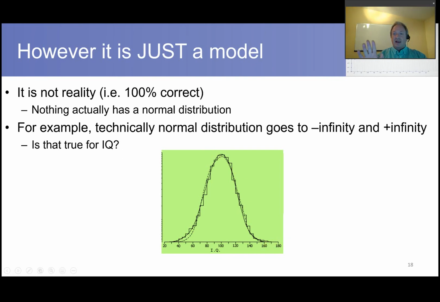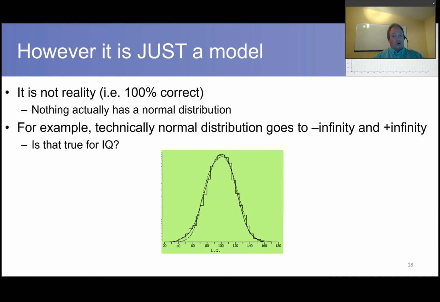But technically, the normal distribution goes from minus infinity to positive infinity. Well, have you ever met anyone with a negative IQ? I know there are a few people you kind of wonder about, like the people that aren't playing with a full deck. But in reality, we know people can't have negative IQs. So this, in a sense, is a lie. However, it's a very useful lie.